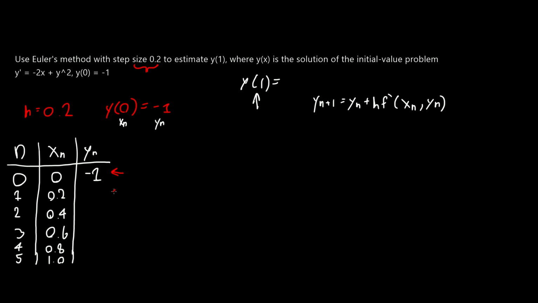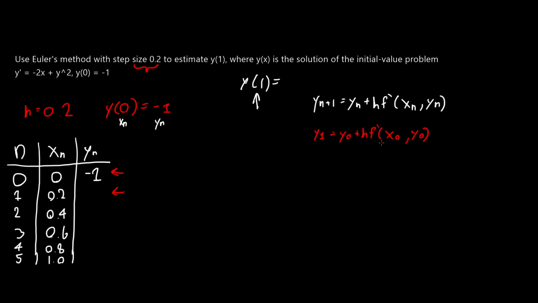So now we're going to move to find y sub n when n is 1. So let's go ahead and begin plugging in numbers. So now we're going to be figuring out y sub 1, which is right over here. So y sub 1 is going to equal y sub 0 plus h multiplied by f of x sub 0 comma y sub 0.